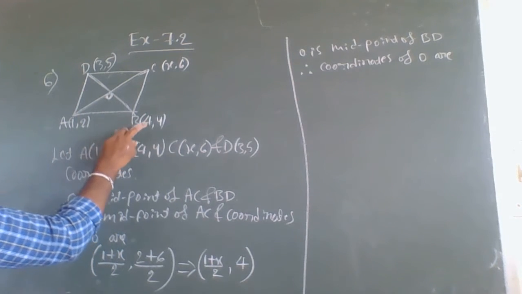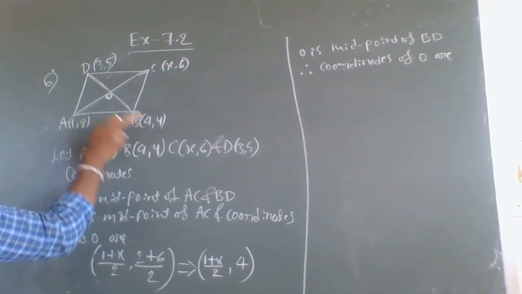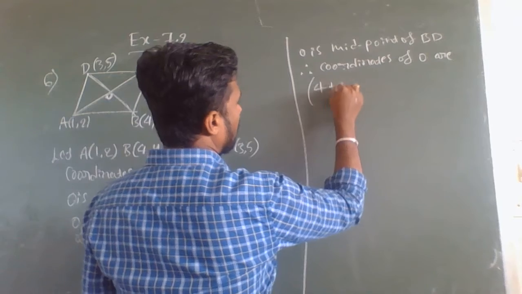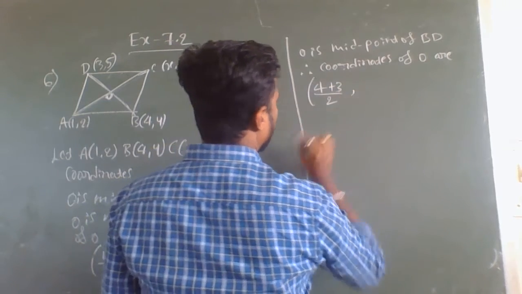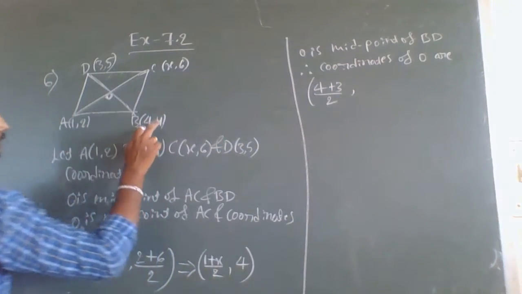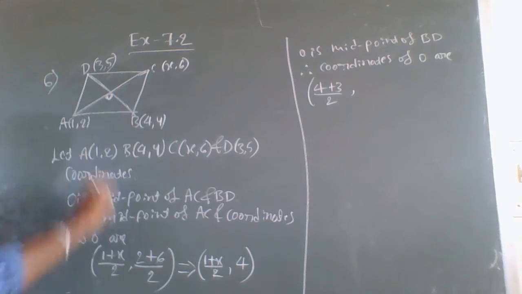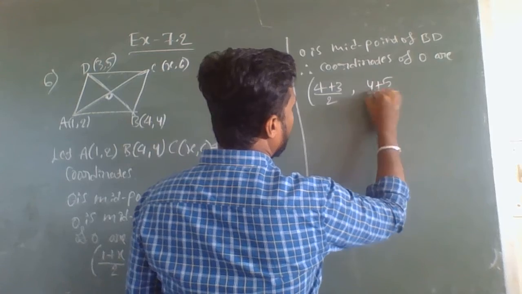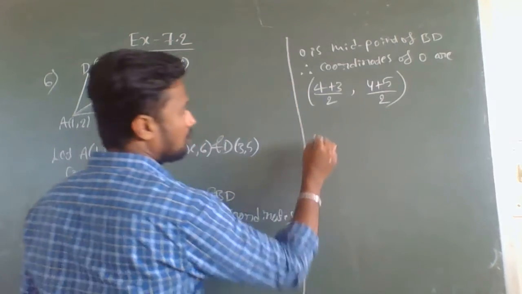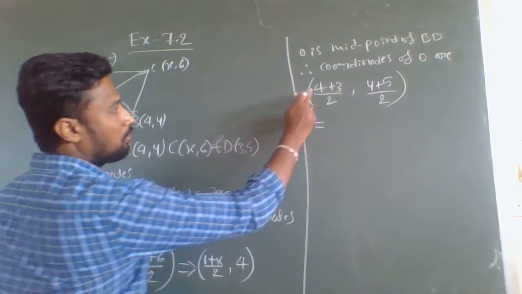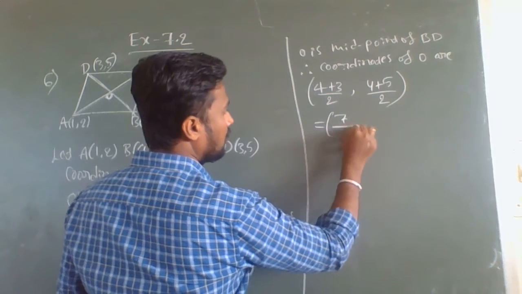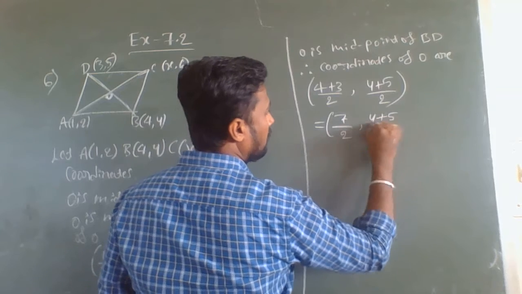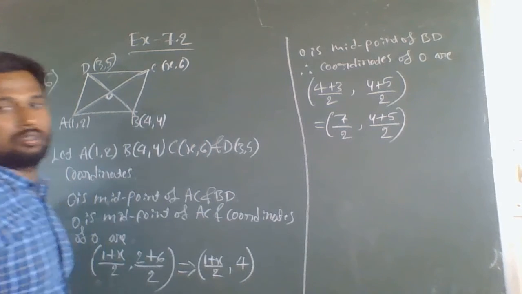So now again I will consider x coordinates. 4 plus 3 divided by 2, comma, here y coordinates. y plus 5 divided by 2. So now here what we will get? 4 plus 3 means 7 by 2, and I will write it as it is only, y plus 5 divided by 2.